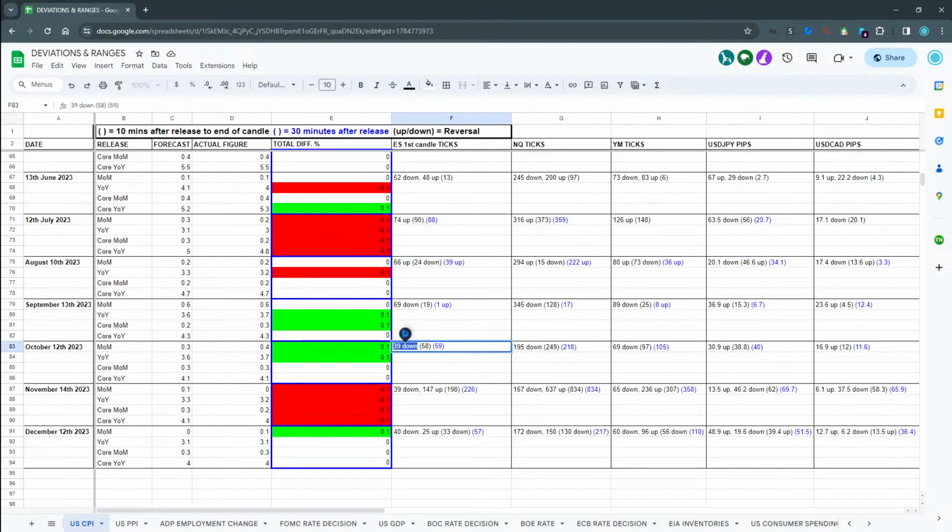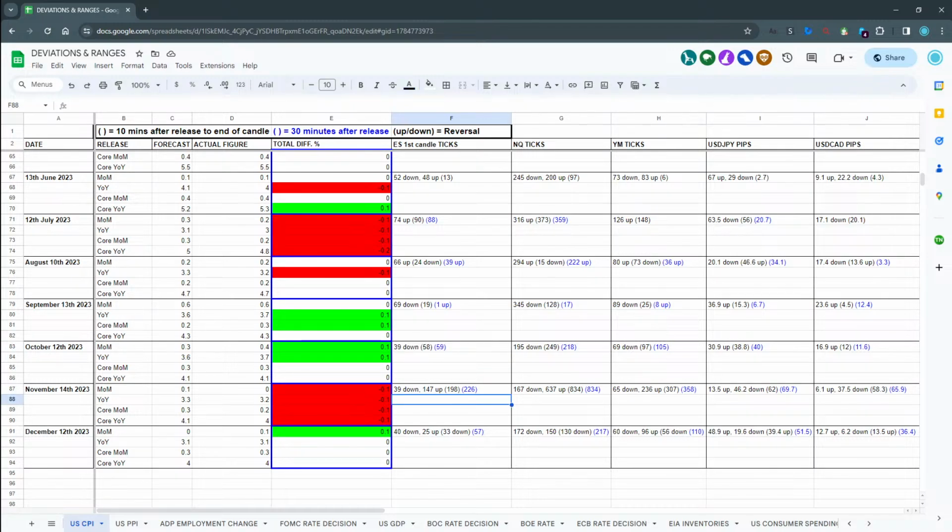So this little bit here that I've just highlighted, the first number on October the 12th, you'd seen an initial 39 tick move towards the downside. After about 10 minutes of trading, it was down by 58 ticks. And then after about 30 minutes of trading in the blue brackets here, going to the end of the candle, it was down by 59 ticks.